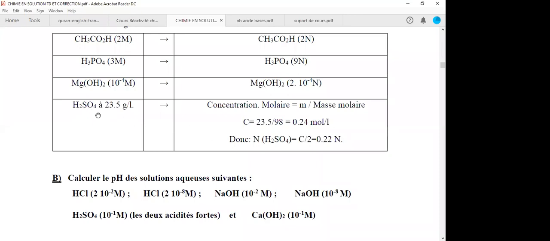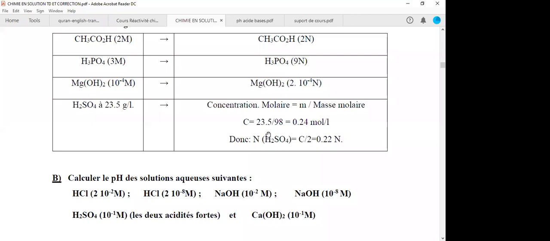You will find that the total molar mass is 98. If you divide by 98, you are going to have 0.24 mole per liter. So this is the concentration, but we've been told to find the normality N.